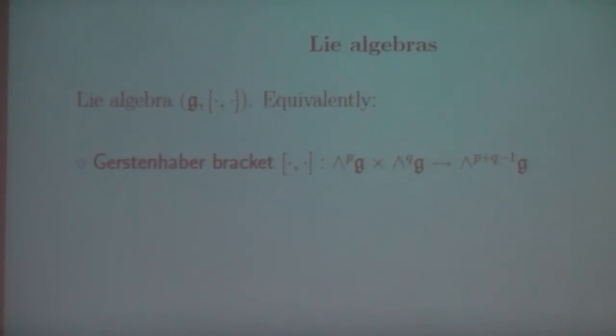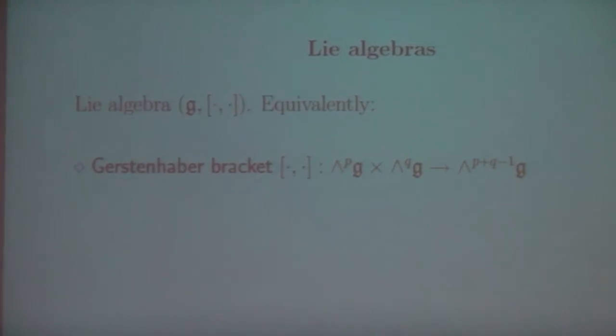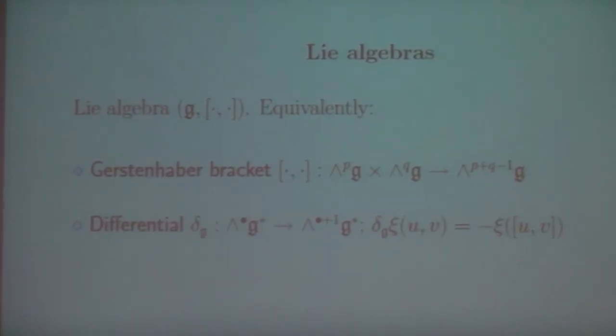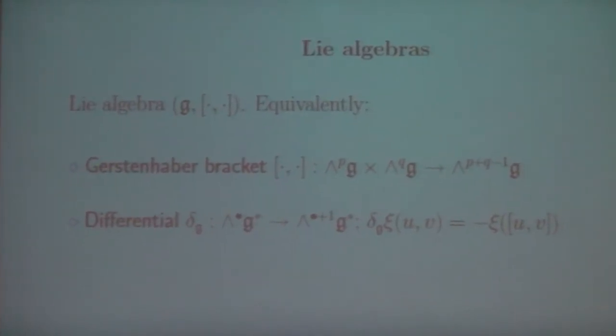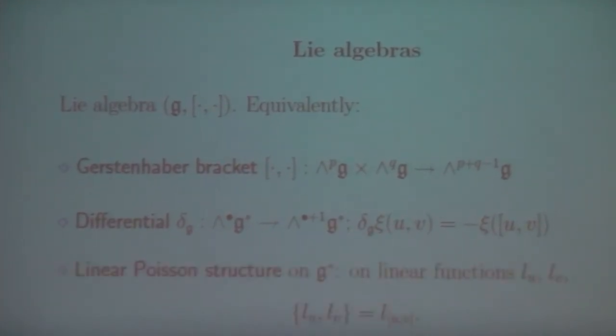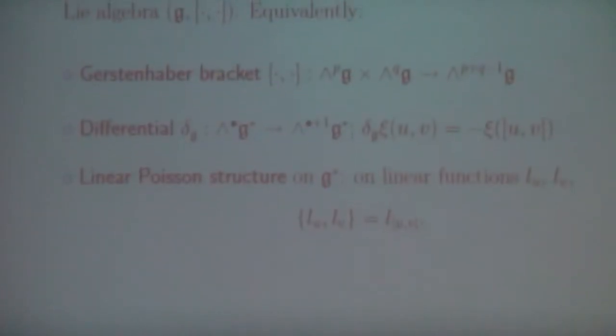Because it satisfies a Leibniz identity, it's really equivalent to just saying what the Lie bracket is. You can dualize the bracket and encode it as a differential on the exterior powers of the dual of the Lie algebra. That's the Chevalley-Eilenberg operator.